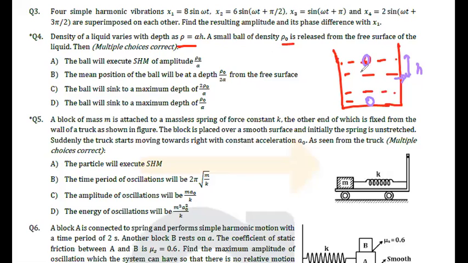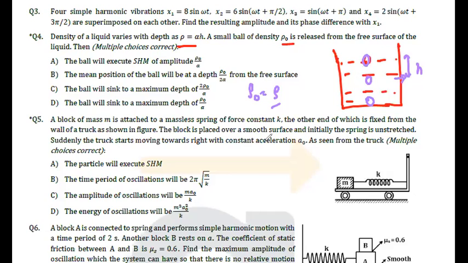Now if at this point the density of liquid is equal to the density of this object, it will have force in the opposite direction, yes or no? Agree?